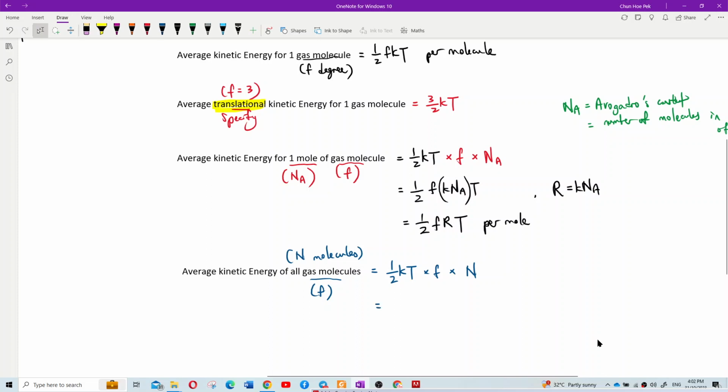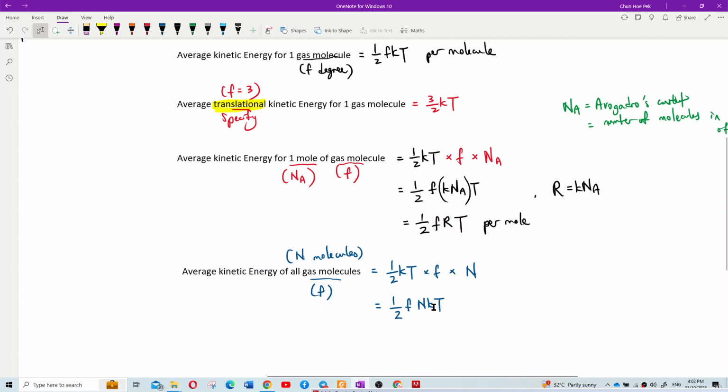The formula is 1 over 2 F NkT. That's the average kinetic energy for all gas molecules.